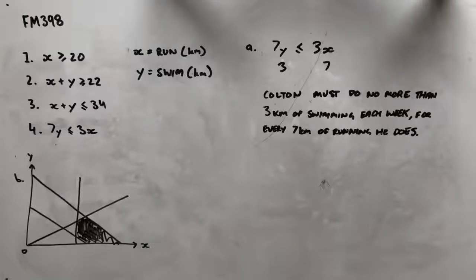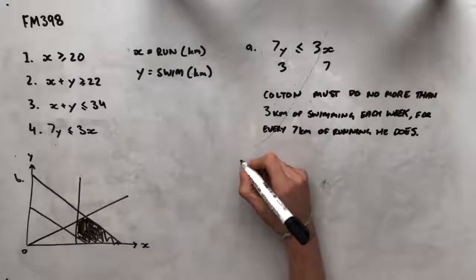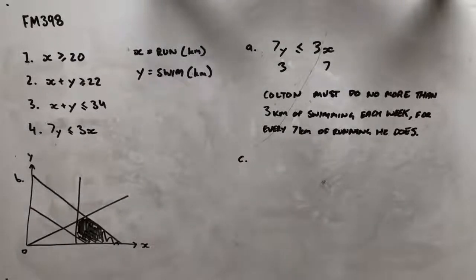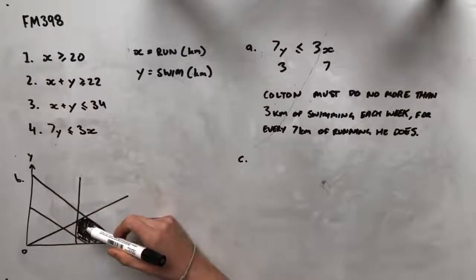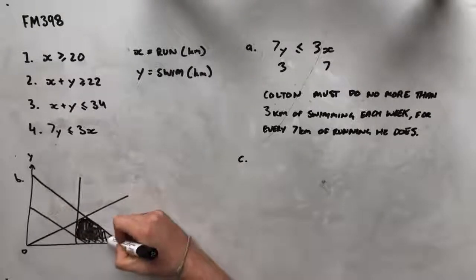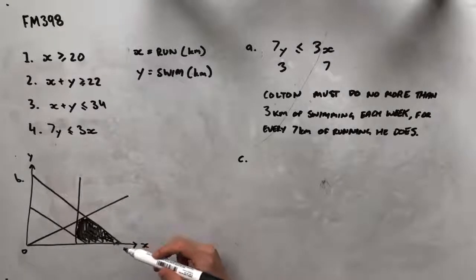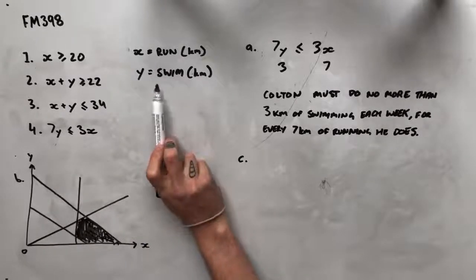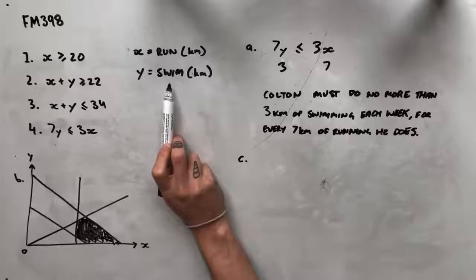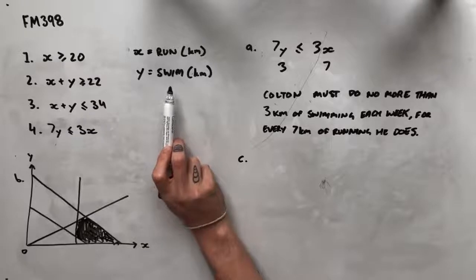C then asked us to determine the maximum number of meters that Colton can swim each week. Alrighty, so going back to our feasible region here, what you might notice is that y represents swimming, and we want to figure out the maximum number of meters that Colton can swim each week.